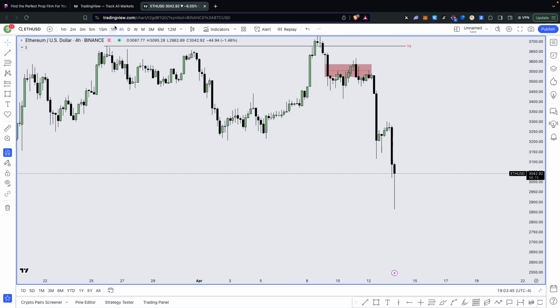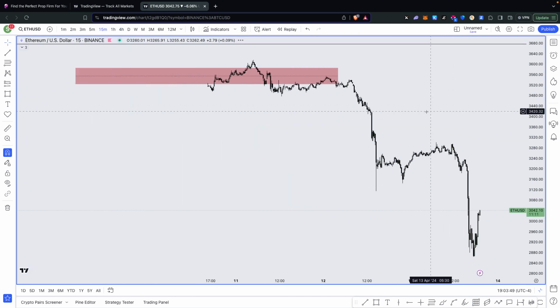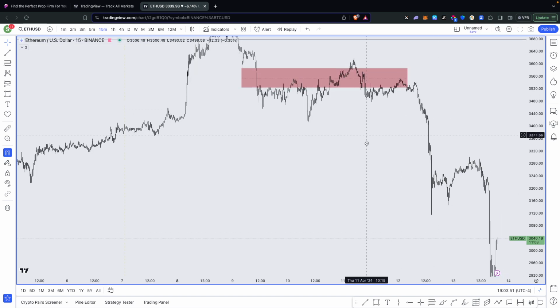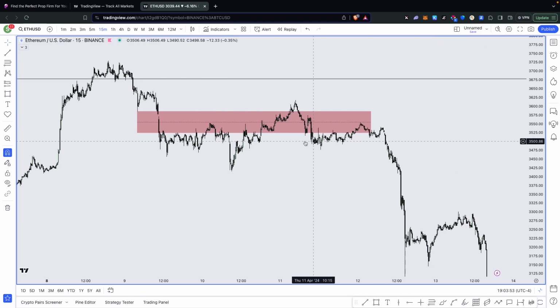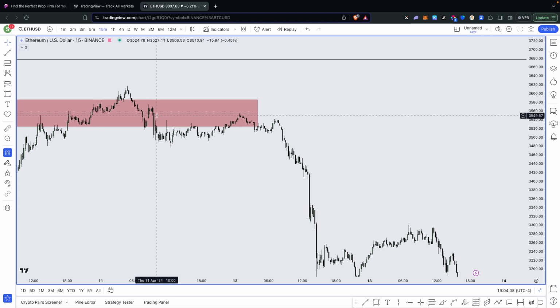But since you're on 4 hour, you want to go to 15 minutes, and you want to look for a model inside that. Okay, so you want to see the highs taken, then a break in market structure, but this one is not proper. I like this one. So you study this one, then yeah, there is a fair value gap right there. There is a fair value gap here in displacement.